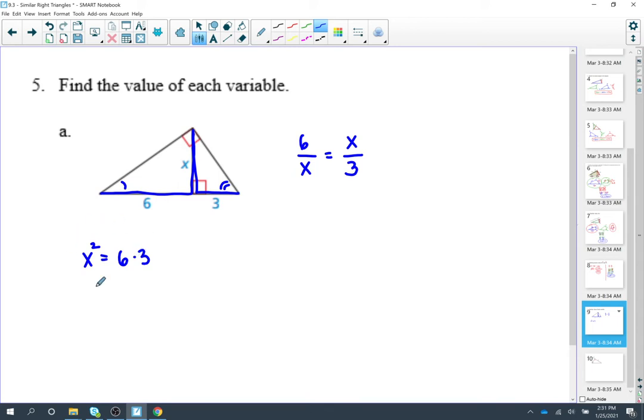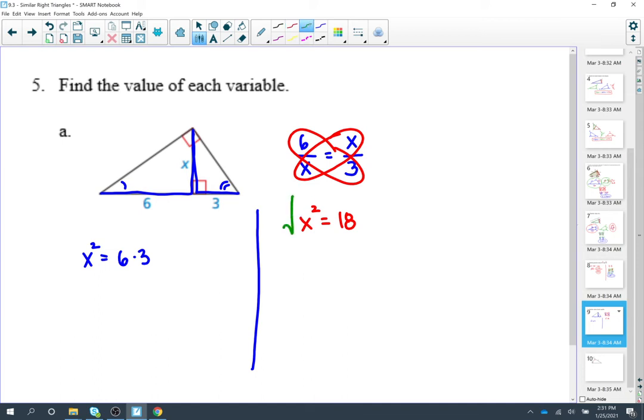That's if you're using the theorem as written versus the heartbeat. If you solve both of these, this one is cross multiplication. X squared equals 18. Then I'm going to take a square root and simplify it.